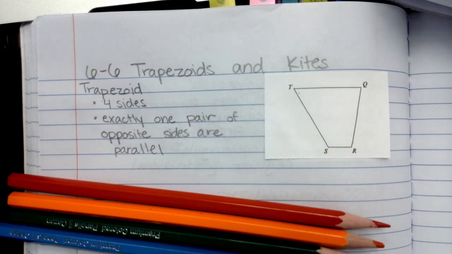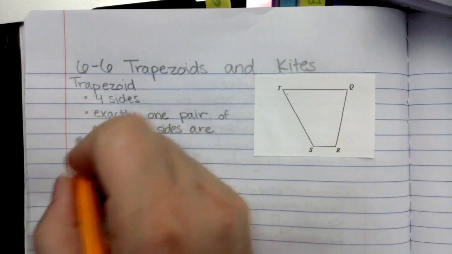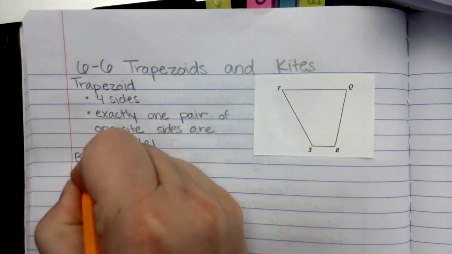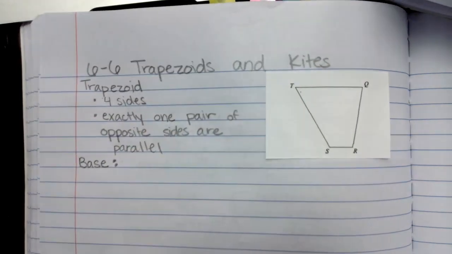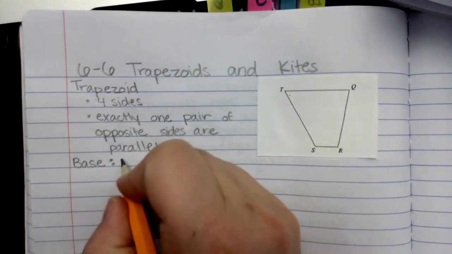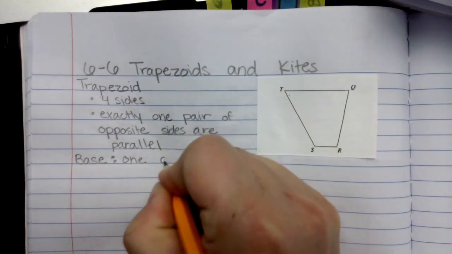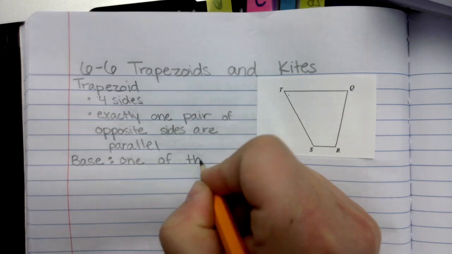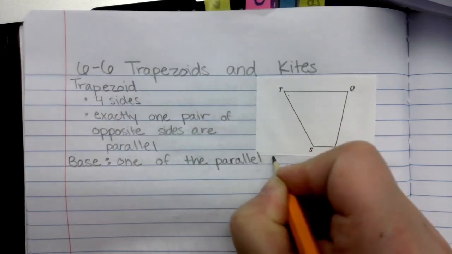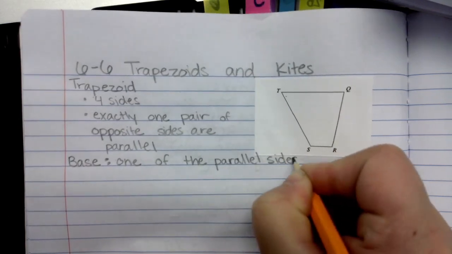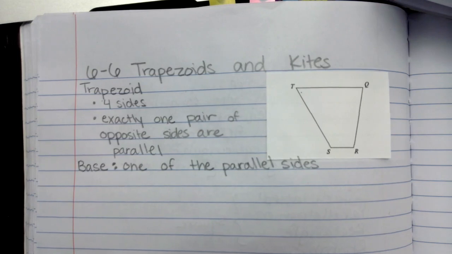A trapezoid has two bases, and a base is one of the sides that is parallel, or one of the parallel sides. So there's exactly one set of parallel sides, and the base is one of the parallel sides. So it has two different bases.